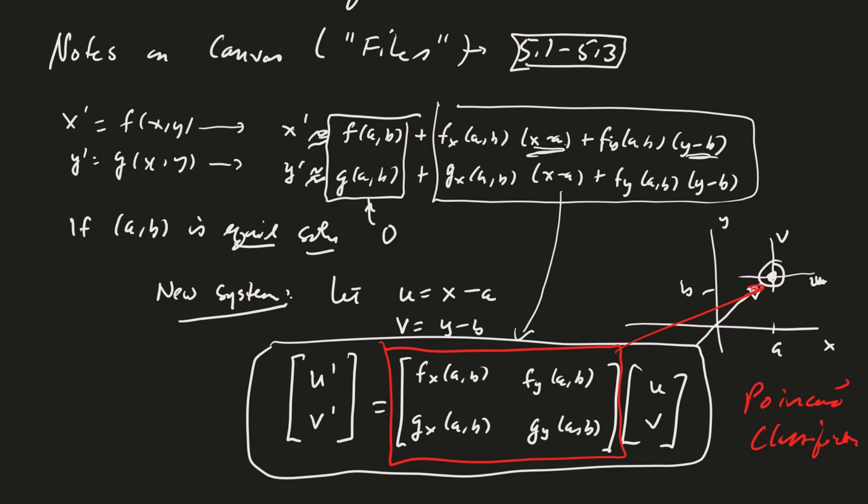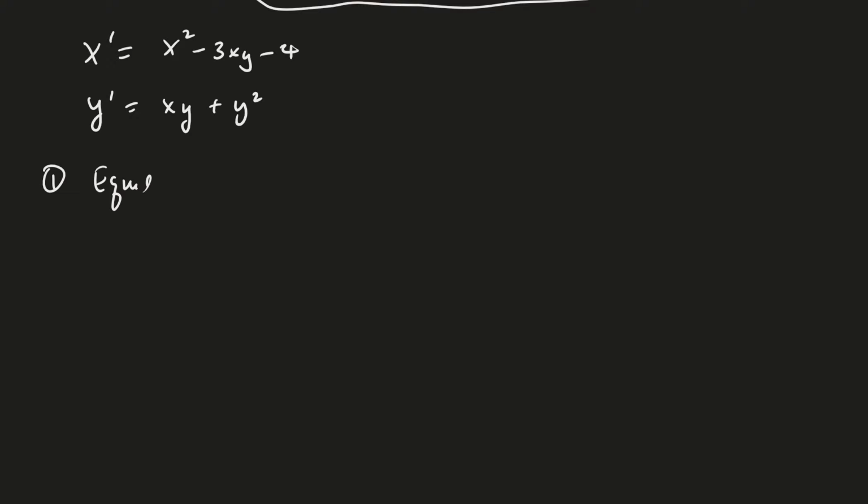So let's go ahead and set up the next example here. x prime equals x squared minus 3xy minus 4, and y prime equals xy plus y squared. Now again, the very first thing we always do, equilibrium solutions. That means that the derivatives are equal to 0. So 0 equals x squared minus 3xy minus 4, and 0 equals xy plus y squared.